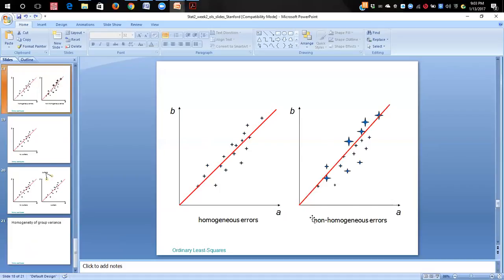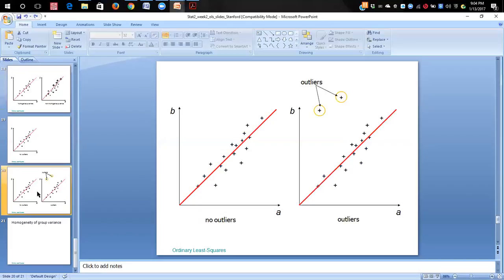On the right side, you see the big blue data representation here on the slides. You see that there is heteroscedasticity, which means that there is non-homogeneous error or non-homogeneity of the variance.